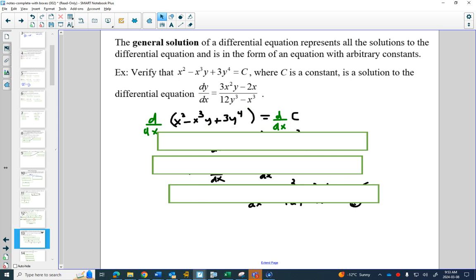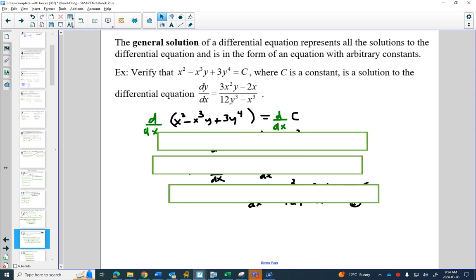So to start with, we could take the derivative, implicit differentiation, of both sides of our original equation. If we do that, we can see if we can get dy dx by itself. So remember implicit differentiation. You're going to take the derivative with respect to x of everything. And when you have x cubed times y, you're going to have a product rule.